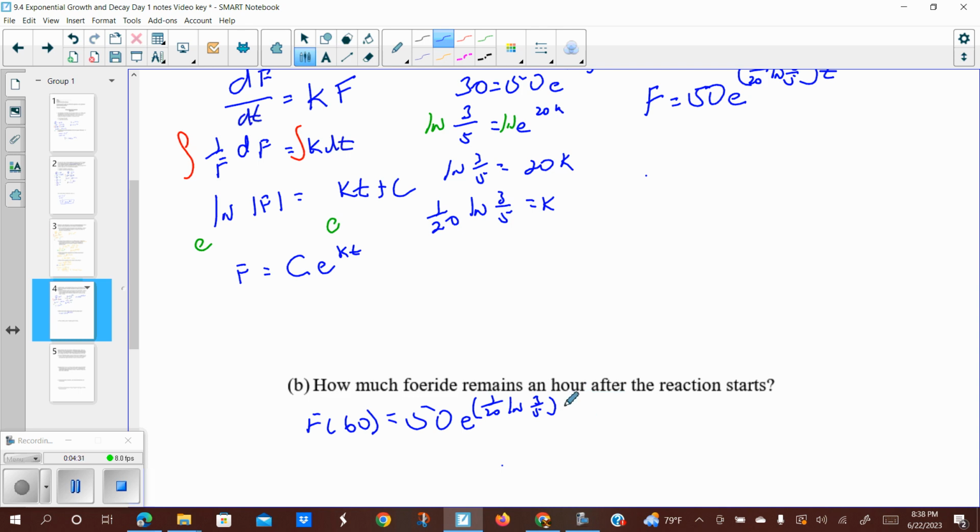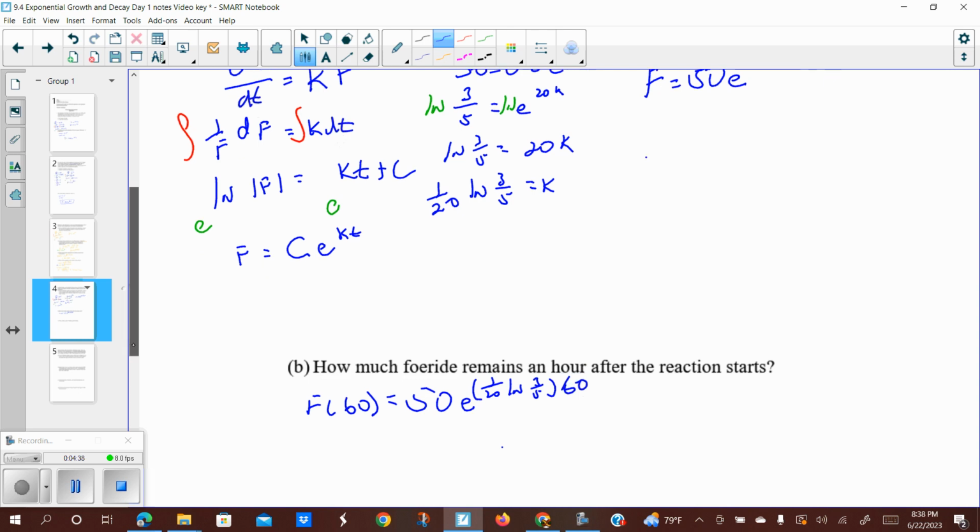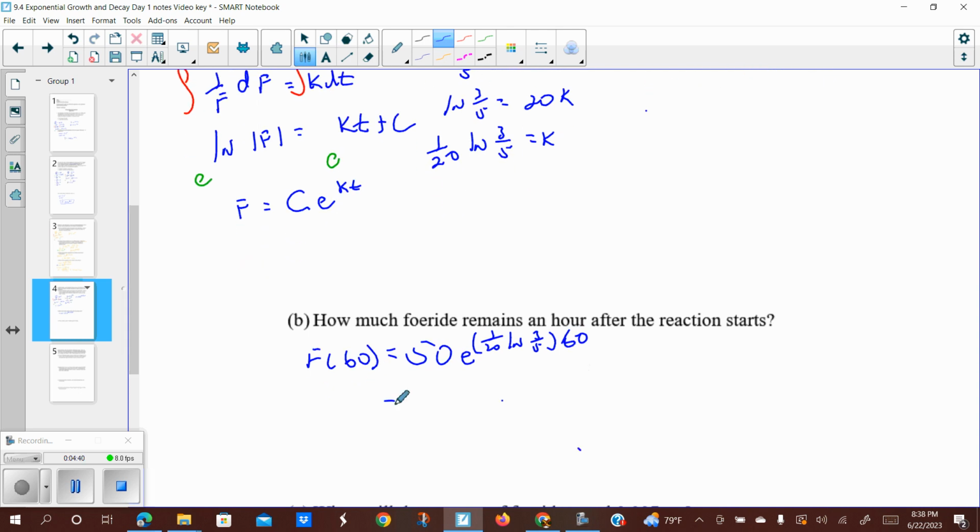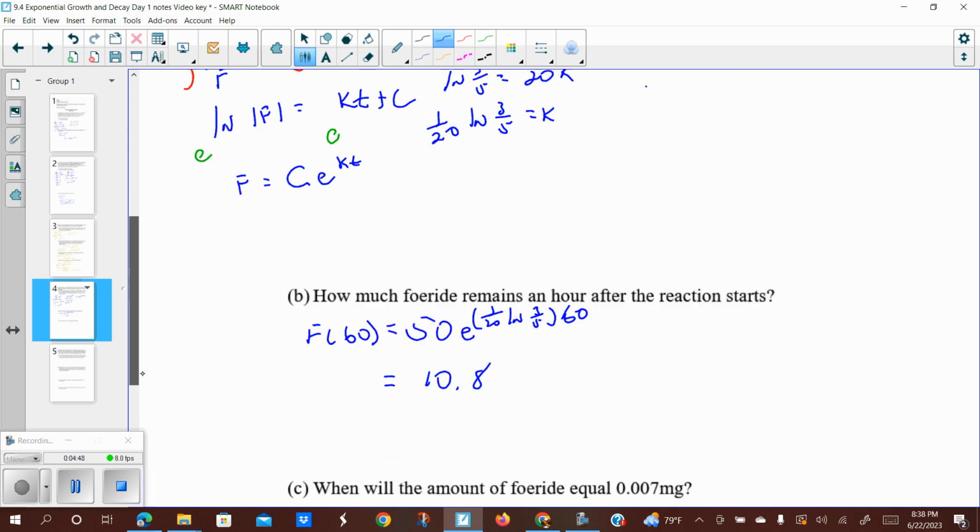It's supposed to be a 60 times 60. And plugging that stuff into your calculator gives us exactly 10.8, and this is in, what was this in? Milligrams.